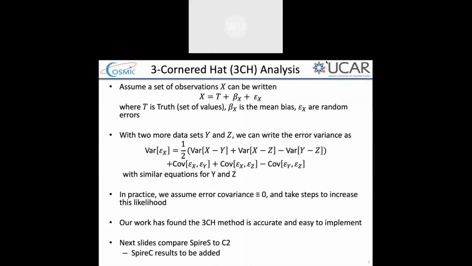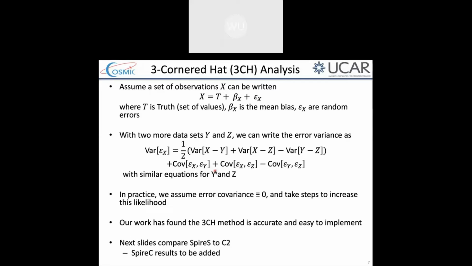Hold on, I'm trying to get my WebEx window out of the way here. Okay. I'm only going to go through this quickly, but basically if you have 3 or more data sets, you can compute the random error variances from an equation like this. This is for one of them; you need data sets X, Y, and Z, and the equations are similar for each of them.